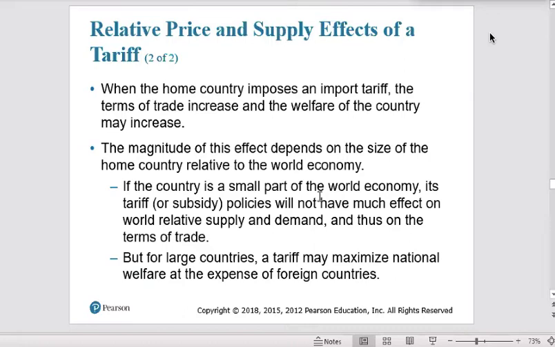So this is the reason when you look at the world, especially large countries like US, European Union, and China, they tend to use tariff as an instrument to manipulate their terms of trade, therefore their welfare. This is the reason why the US is trying to use tariff to fight China, right?